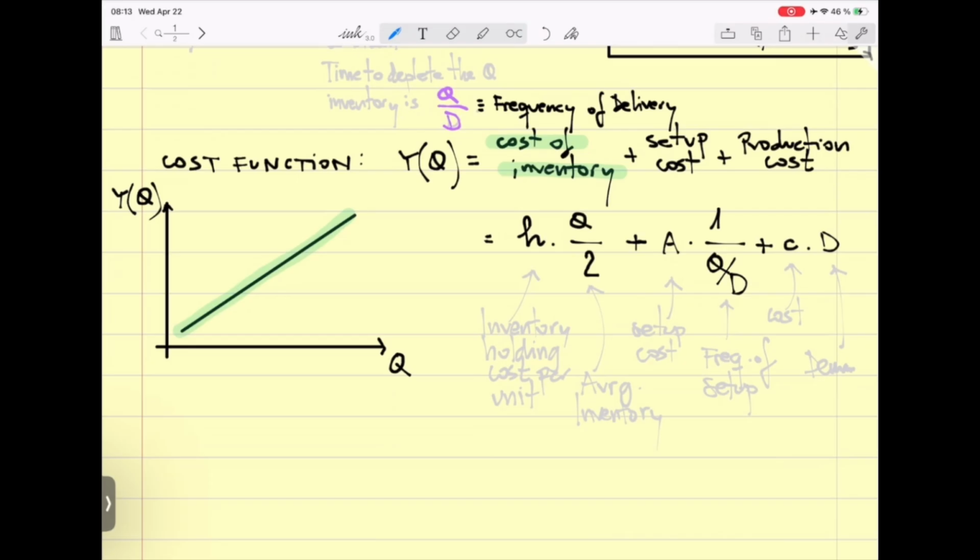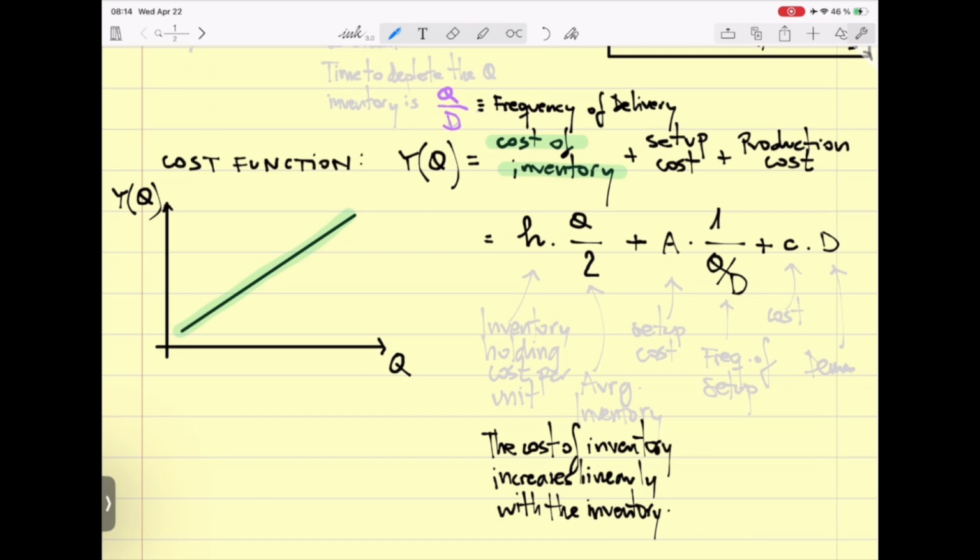So the cost of inventory increases linearly with the inventory.